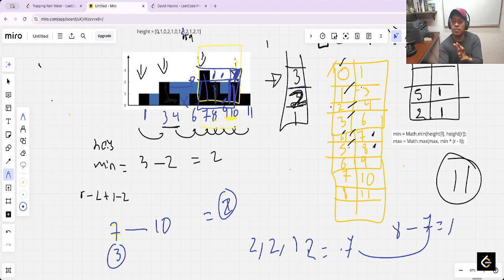Another map for mapping the squares with water that have been marked, for example this and this. And the last point is we always need to calculate the right side with the maximum element in the monotonic stack.